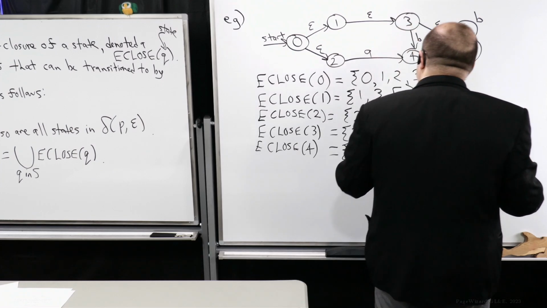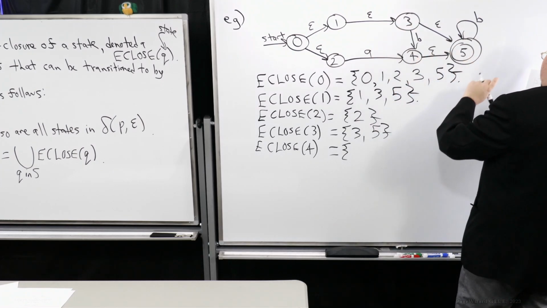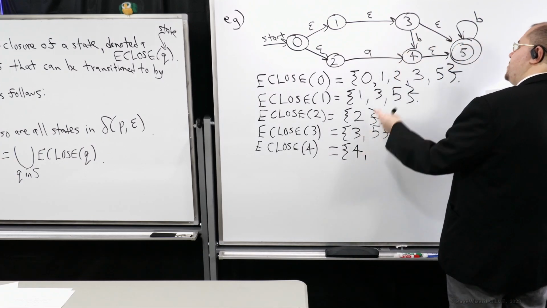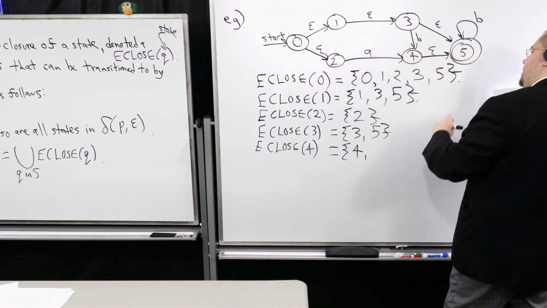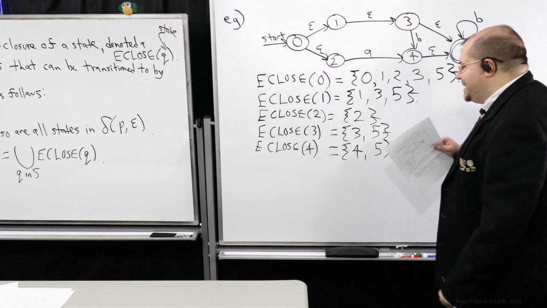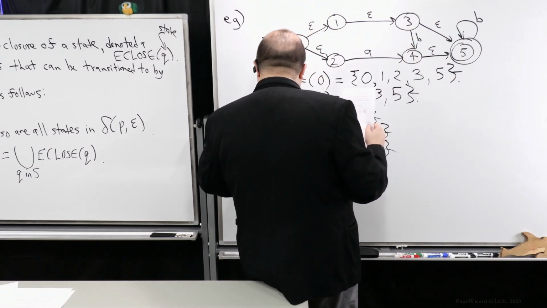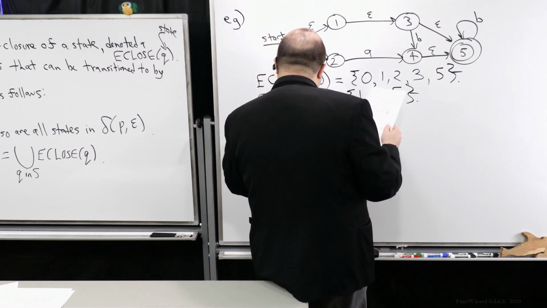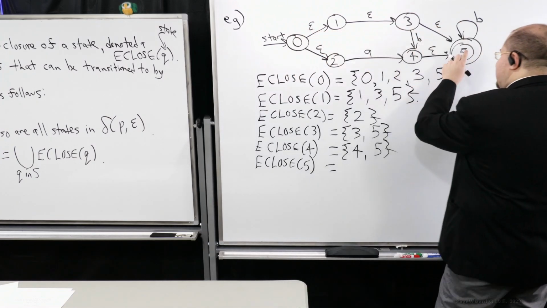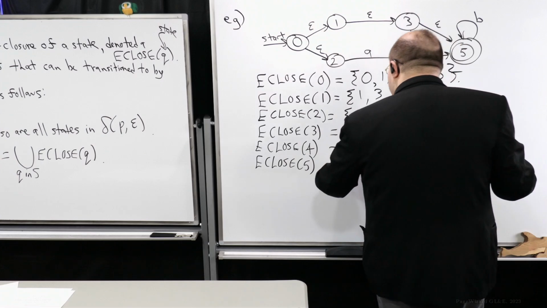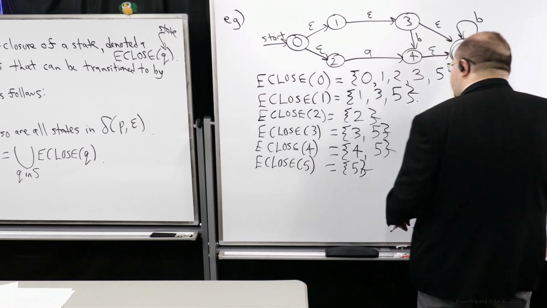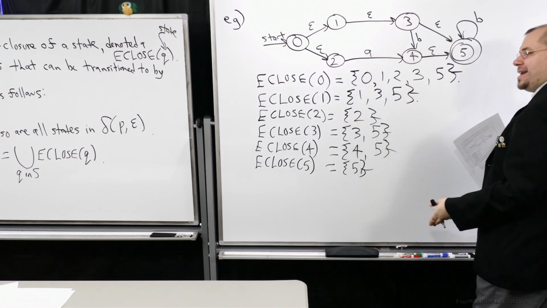Well, notice that there's an epsilon transition from 4 to 5. So 4 by definition is in the epsilon closure of 4, and the epsilon transition gets me to 5. Nothing leaves 5. So that's the epsilon closure of 4. How about the epsilon closure of 5? There's nothing outgoing from 5, but by definition, 5 is in the epsilon closure of 5. So now we've examined all of the states.